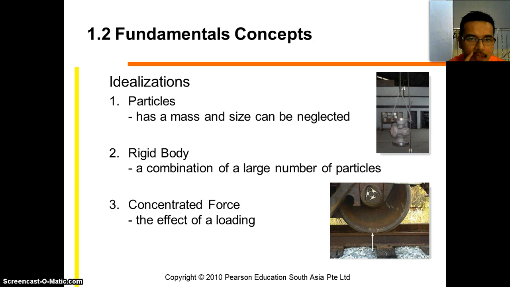We need to analyze the idealization of the particular body that we want to study. First, we can analyze it as a particle, second as a rigid body, and third as a concentrated force. If we analyze it as a particle, although the object is very big, we don't study that particular object itself; we only need the effect of others on that object.